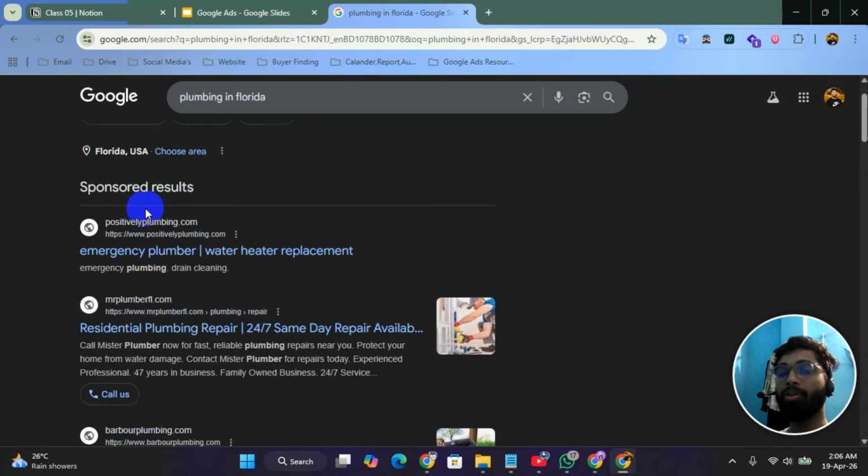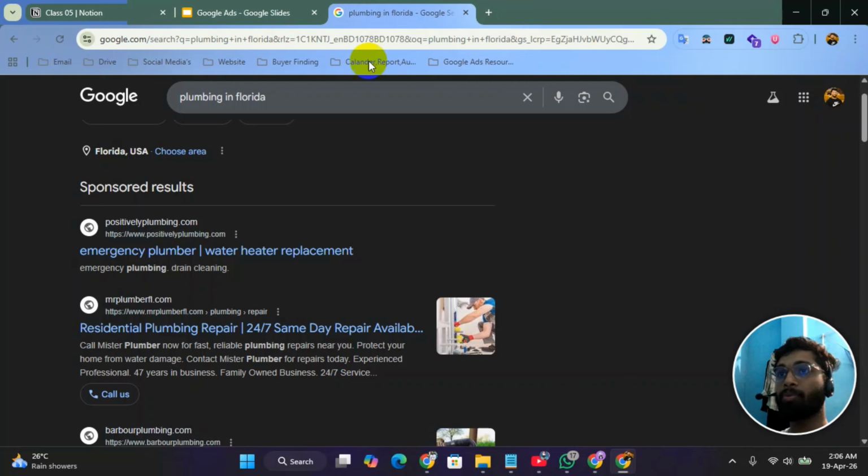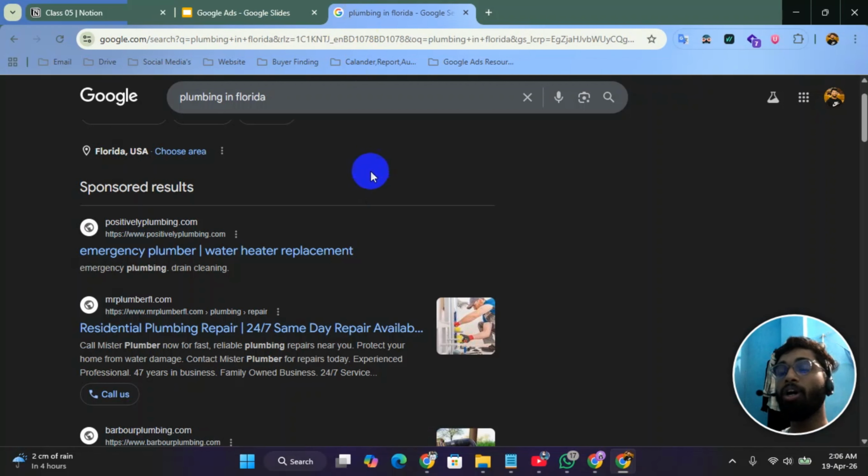When you run an ad, how many times your ads are showing in front of your audience or users, the total number of this metric is called impressions. Suppose you run your Google Ads one week ago, and after one week you see the impression is 154, or suppose 200. That means 200 times your ads showed in front of your audience.